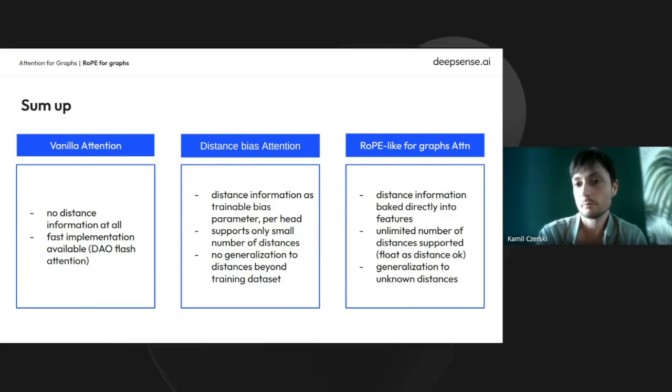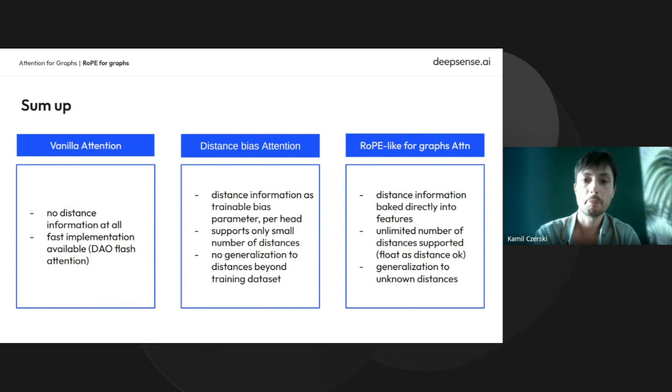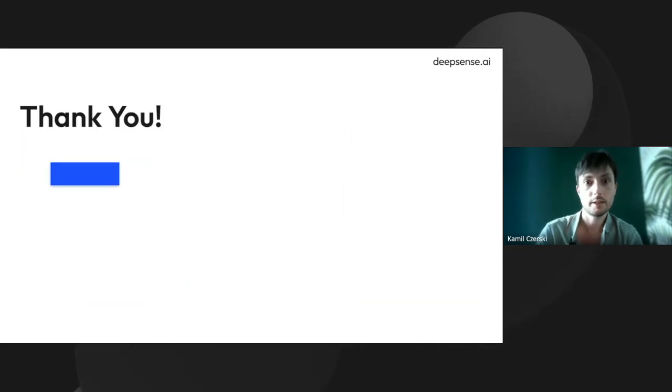And then we have this RoPE mechanism, which is adapted from sequences to graphs. It does not have the limitations of distance bias attention, but it has its drawbacks when it comes to implementation. It's very inefficient in a naive PyTorch implementation like that, but we try to bring it and make it efficient in CUDA. Okay, thank you very much.